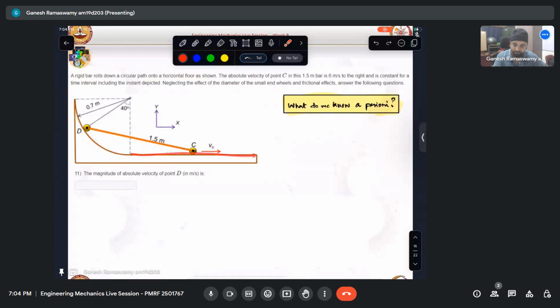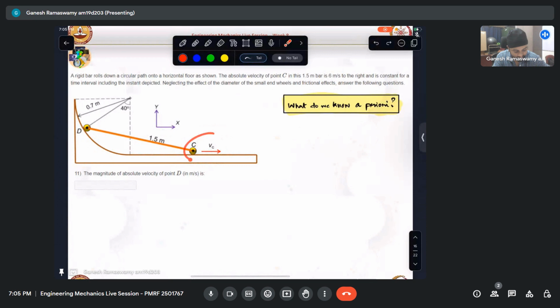The absolute velocity of point C of a 1.5 meter bar is 6 meters per second to the right, and is constant for a time interval, including the instant depicted. So VC is 6 meters per second is what is given. AC, the acceleration of this point C, is 0 because it is constant.